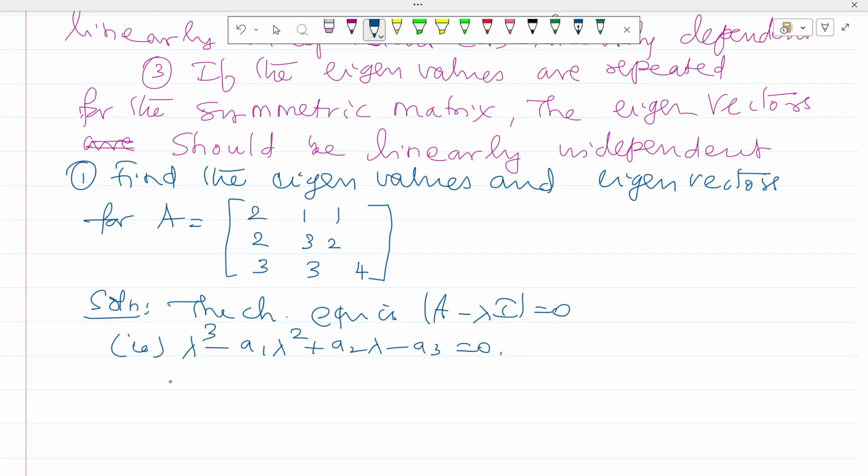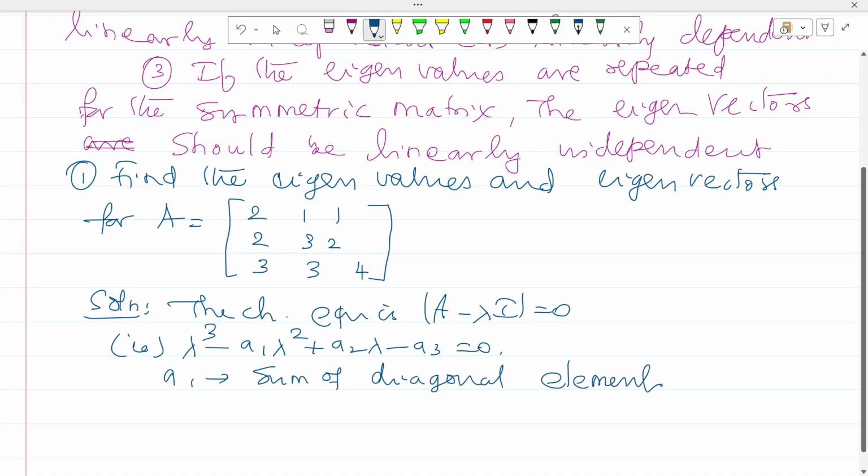What is A1 here? A1 is the sum of diagonal elements of A, that is 2 plus 3 plus 4, that means 9.